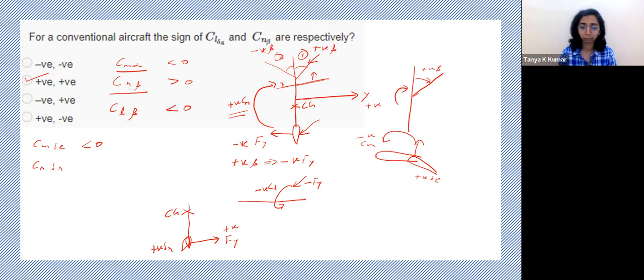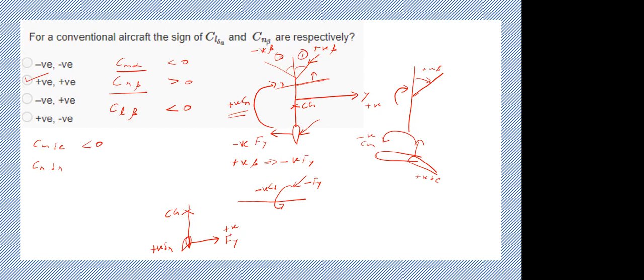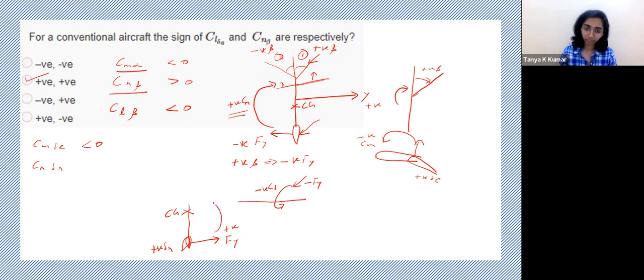Will Cn be positive or negative? So this is the force that you've generated. What is the moment about CG? It will be negative, right? So this is the moment. This is Cn. And our z-axis is downwards. So right-hand thumb rule, it's negative, right?